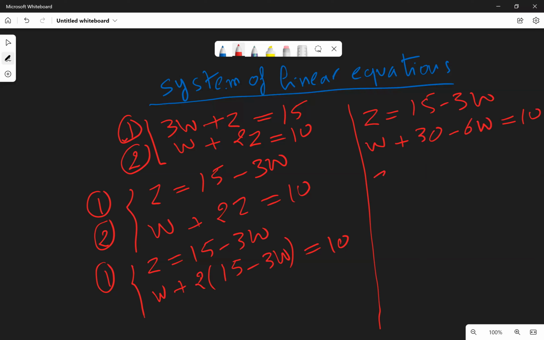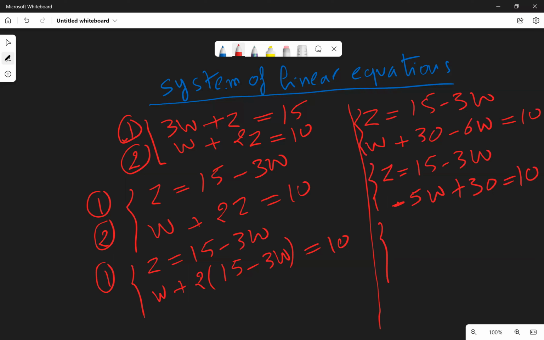The first equation, z equals 15 minus 3w, stays the same. Now we have w minus 6w, that's minus 5w, so we get minus 5w plus 30 equals 10.